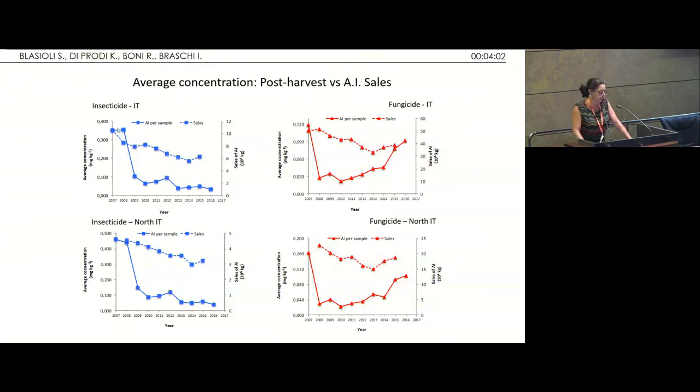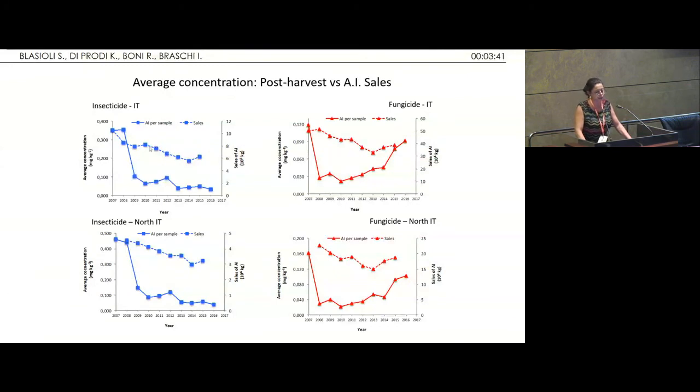Then we tried to correlate the average concentration for the big data, the data distributed over 10 years of observation, with the sales of active ingredients. These data are taken from ISTAT, the Italian Statistical Institute.